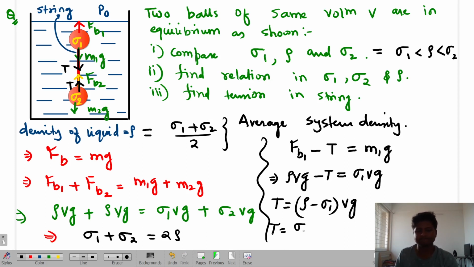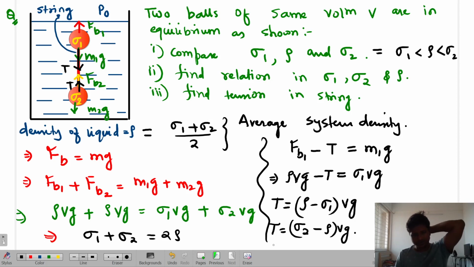FB2 plus tension T is equal to M2g, so T is sigma 2 minus rho into V, into g.